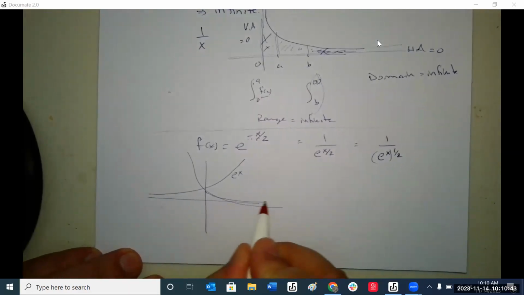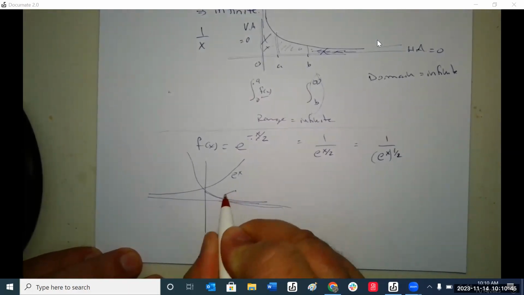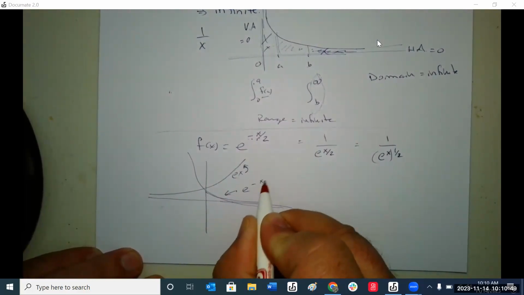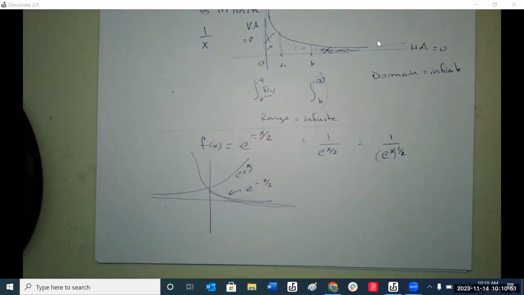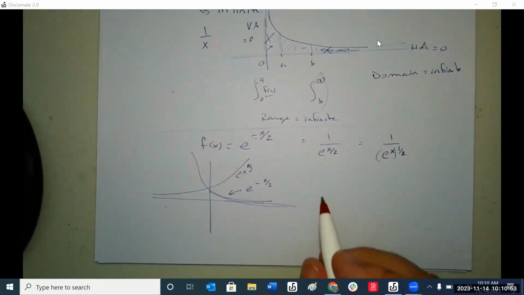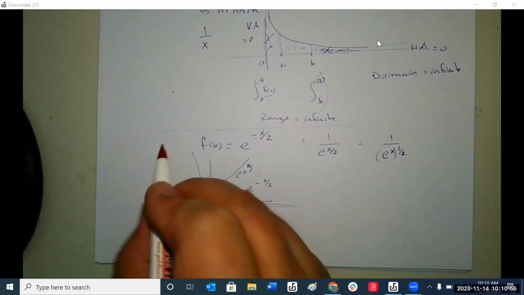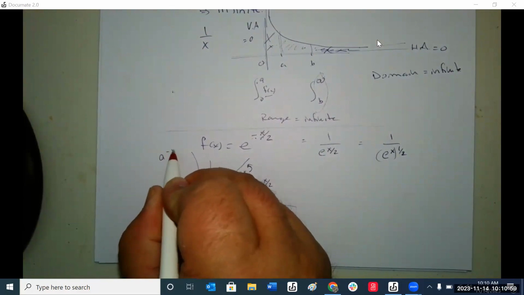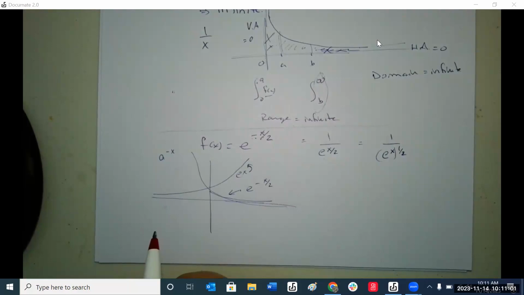This is e to the x over 2. From algebra, if your exponent is negative, it's a decreasing function.